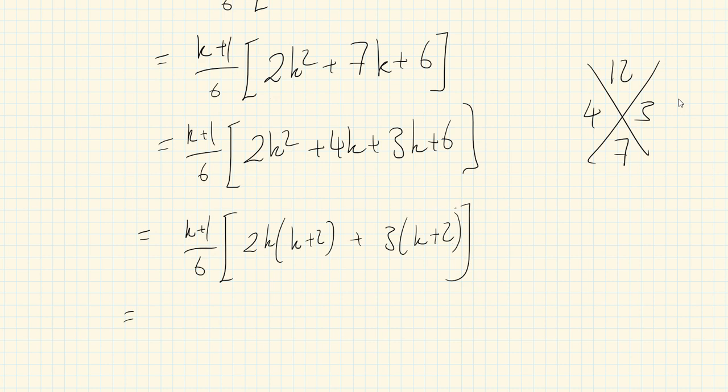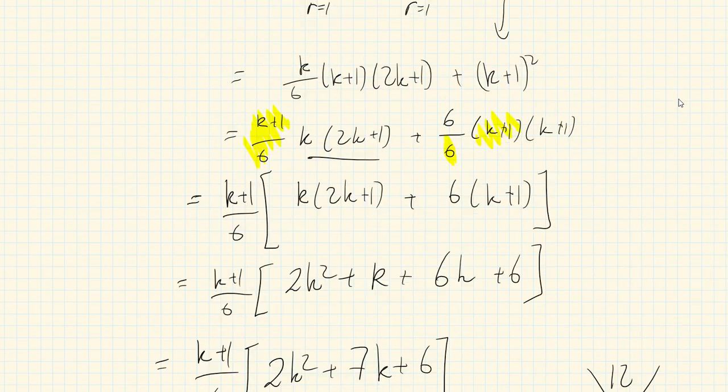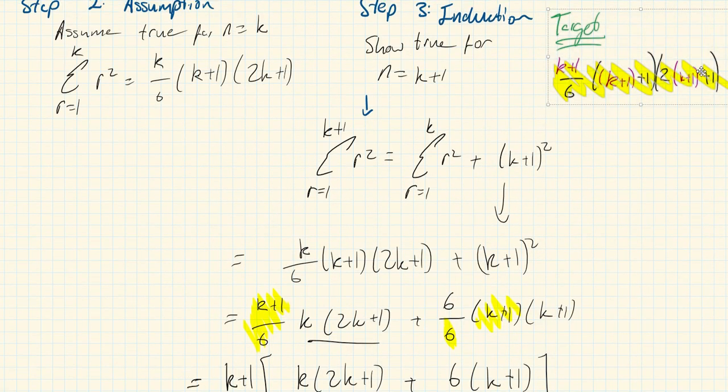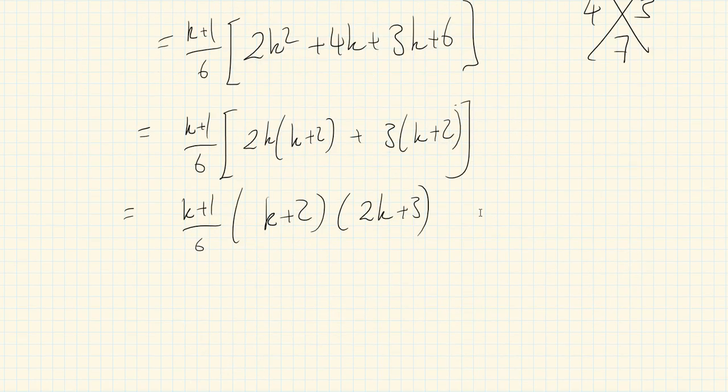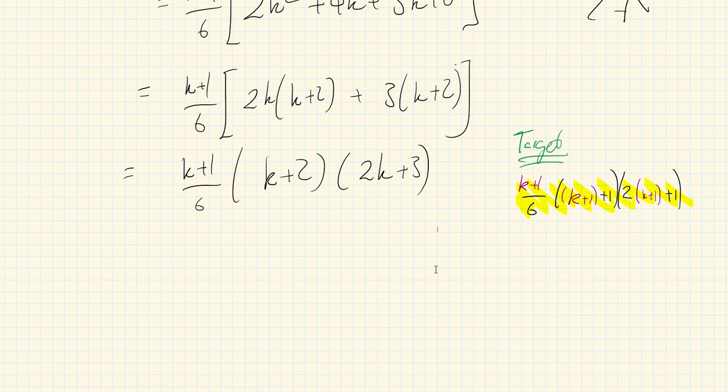And then we can factor out the factor of k plus 2 from each of those. So we've got k plus 1 over 6, and then factor out the k plus 2. And that leaves you with the remaining parts, 2k plus 3. Perfect. Let's bring our target expression down. So copy my target. It's nearly there.